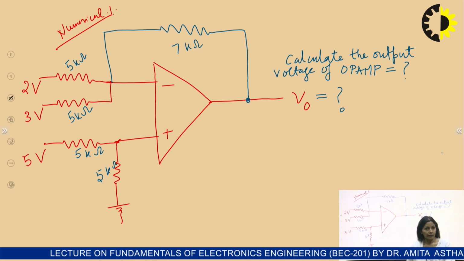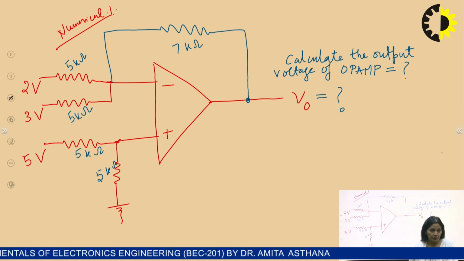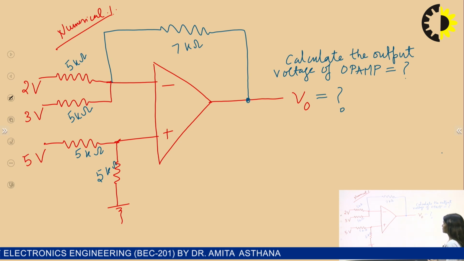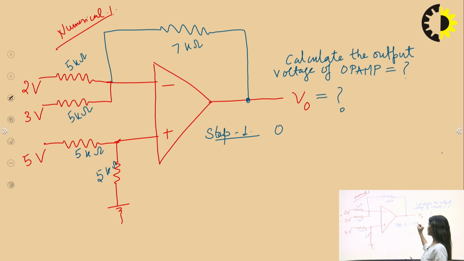When I am telling you, you have to strictly follow the steps for solving the numerical. Now in step 1, you would write: consider the op-amp to be ideal. Okay, write down the first step, simple and straight.